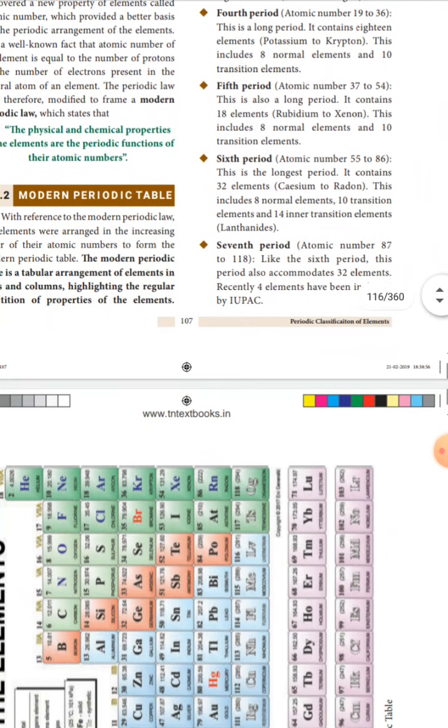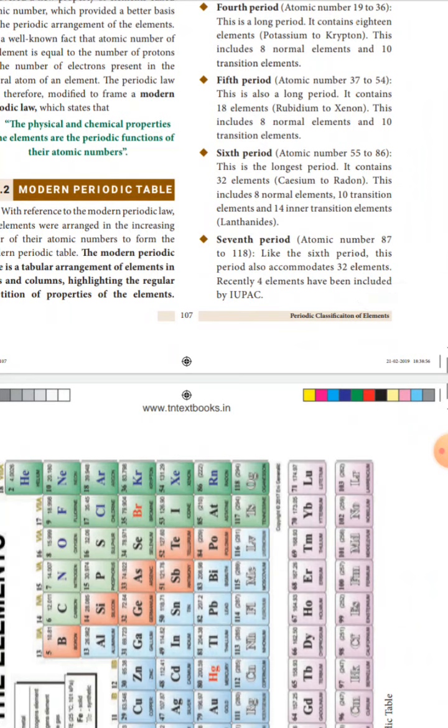The fifth period, atomic number 37 to 54, rubidium to xenon, also has 8 normal elements and 10 transition elements. So the fourth and fifth periods are long periods.